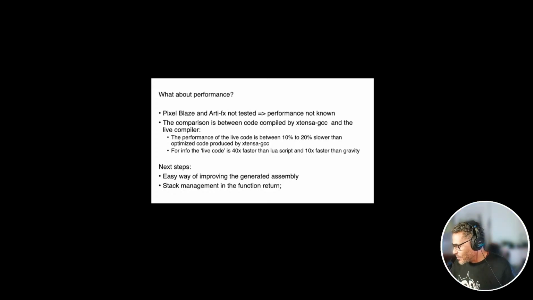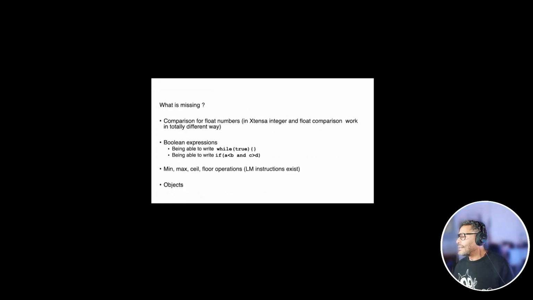What is still missing? The comparison functions between float and integer, because in Xtensa assembly it's totally different between integer and float. It's not even the same functions, and the way you do it is totally different.